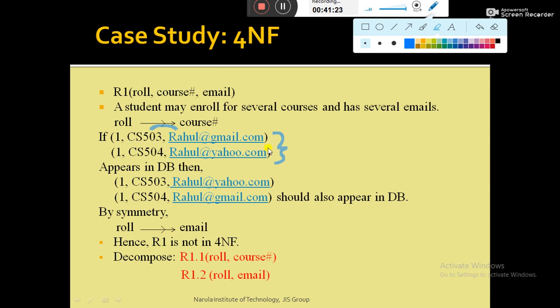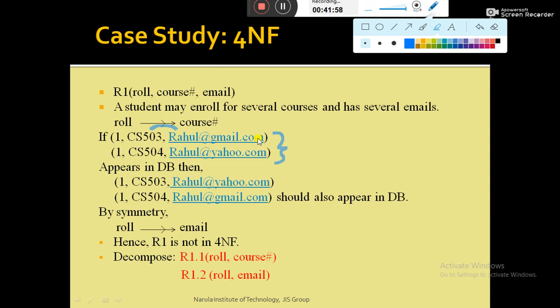Again I am repeating, only if these two datasets are present in a database, then it signifies that some kind of relationship exists between the course and the email. It means a functional dependency may exist between email and course, because if you provide CS503, we are only getting the unique email ID rahul@gmail.com, but in real life that should not be there.